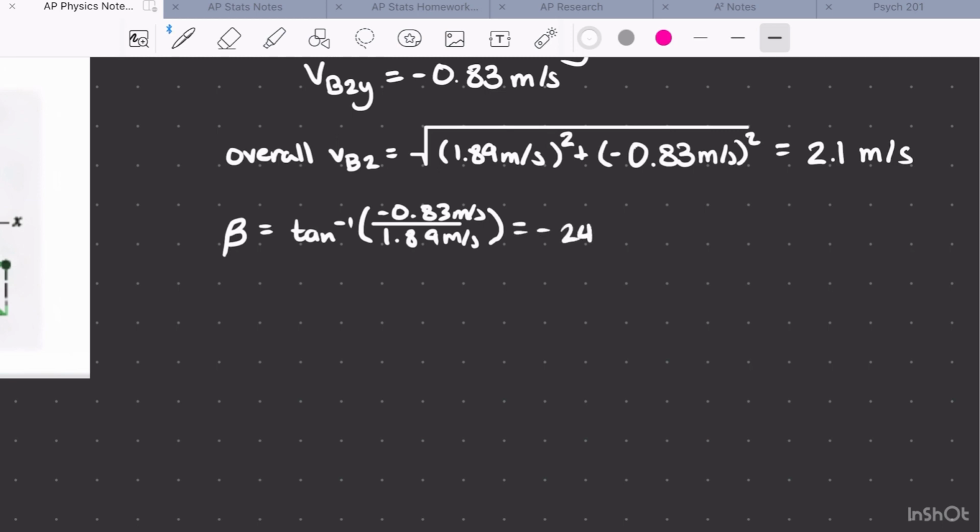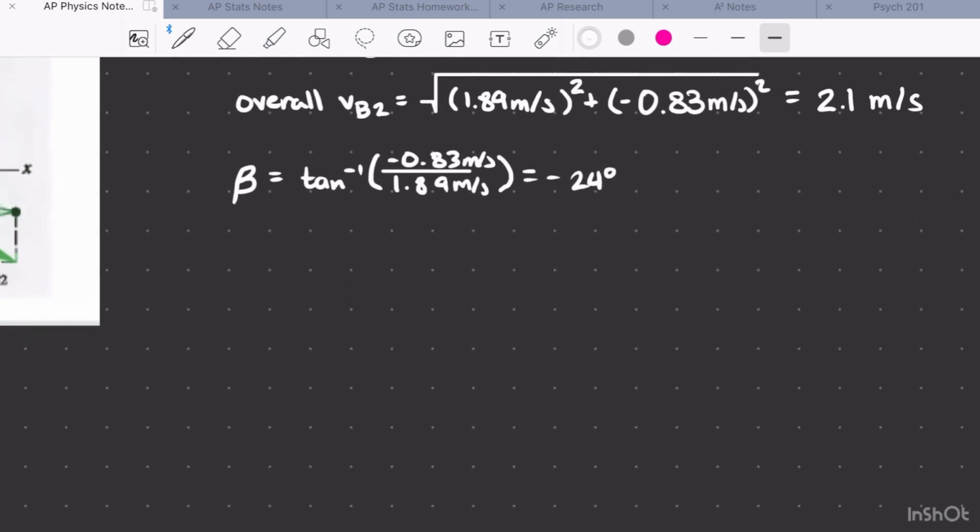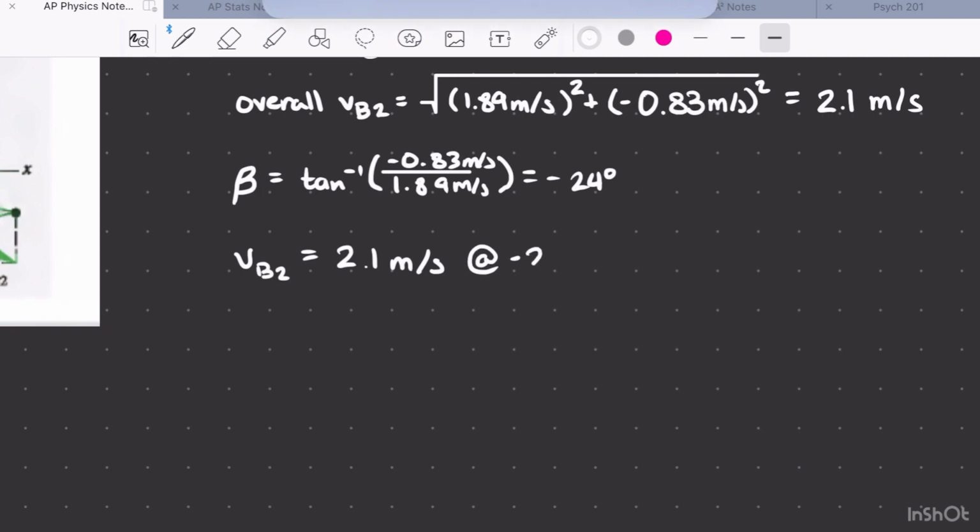And that would get you our angle of negative 24 degrees. So the final velocity of robot B is going to be equal to 2.1 meters per second at an angle of negative 24 degrees.